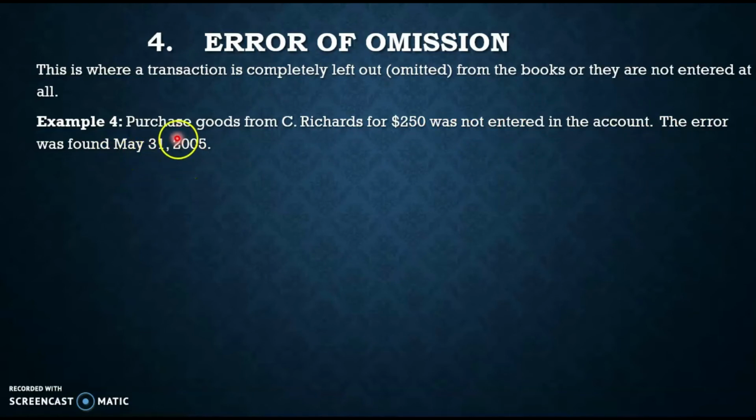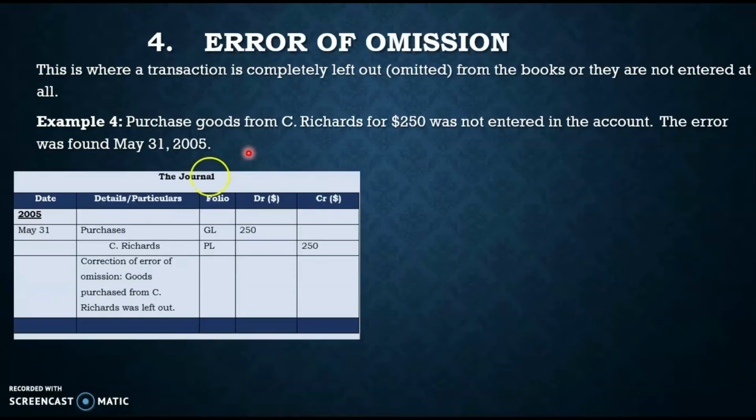So we did purchase goods, which would be on credit, from C. Richards. On a normal basis, you would have credited C. Richards and debited your purchases, but we did not enter this at all in the books, and so we're going to have to create our journal entry to show that we are correcting an error. So in the journal, we're going to debit our purchases with the $250.